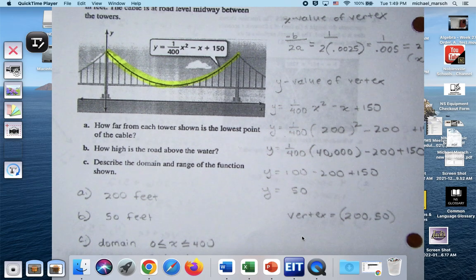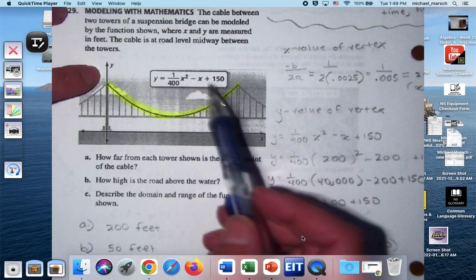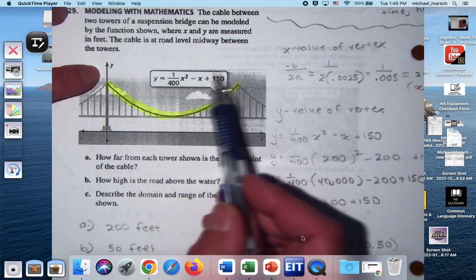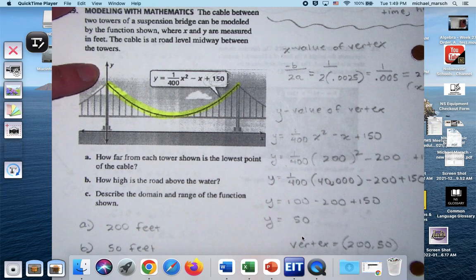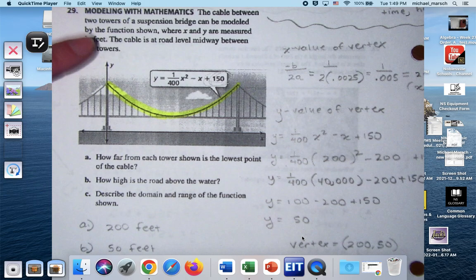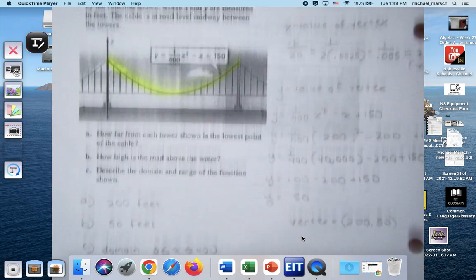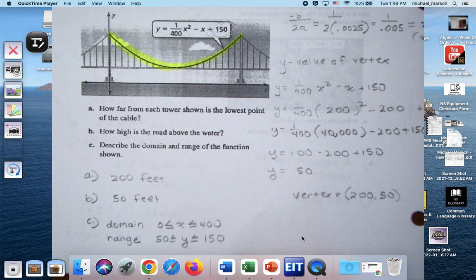It's the y-intercept. Did anybody else pick up on that? Here's our y-intercept. Oh, Avery for the win. Nice job. Take my chair.